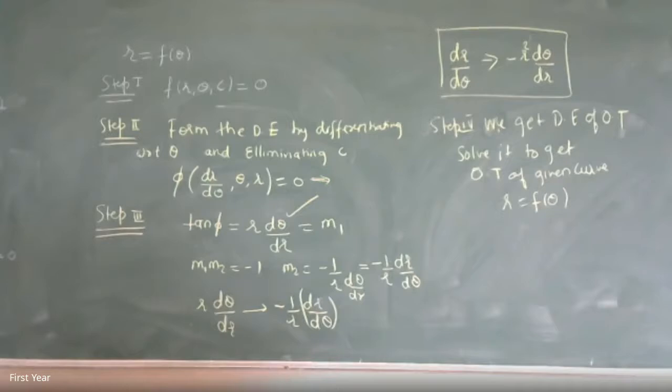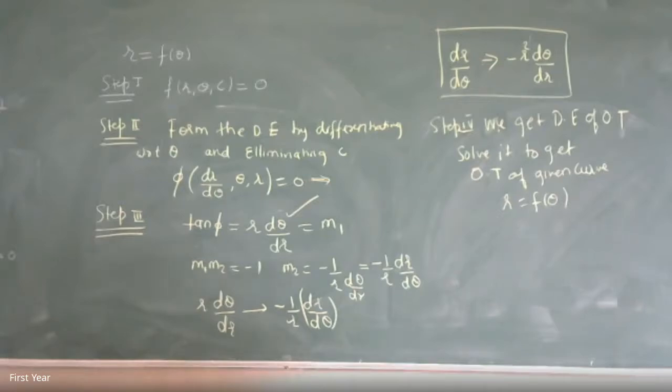Okay. So the steps are very straightforward. Initially, r is equal to f of theta is given. You can rewrite it in f of r comma theta comma c is equal to 0. Differentiate with respect to theta because r is a function of theta. So dr by d theta will become easy to find. That's why we found the differential equation by eliminating c in terms of dr by d theta, theta and r. Then we have to get the differential equation of the orthogonal trajectory, for which I have to replace dr by d theta.